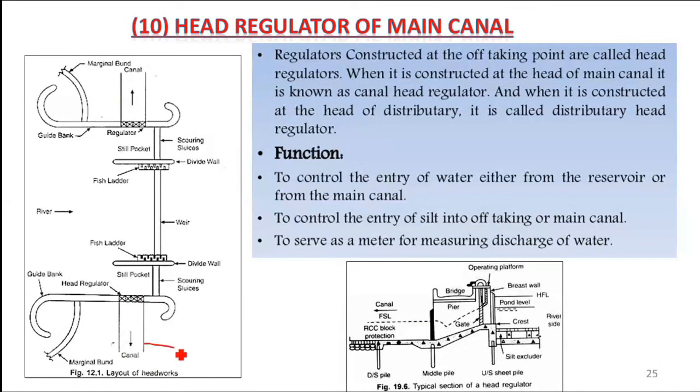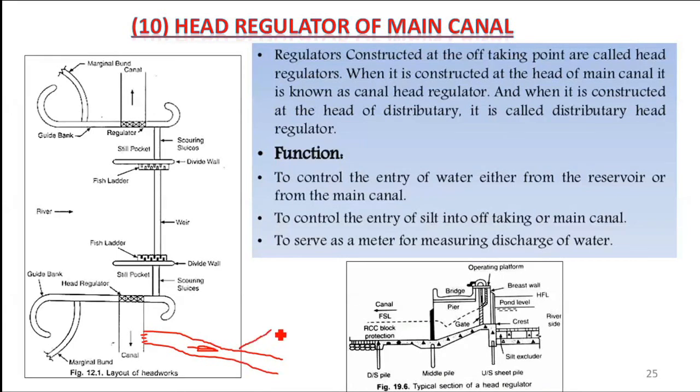Now this one, what canal should it be? It is a branch canal. This is the main canal, then it is a branch canal. A regulator provided at the head of the branch canal is called the head regulator of the branch canal, or branch canal head regulator.